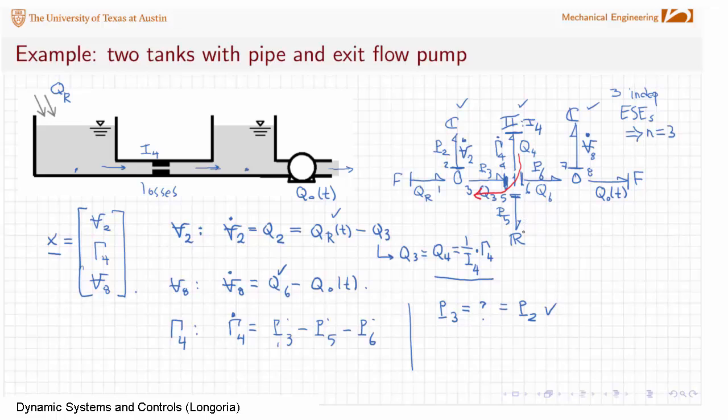P5 is, use the resistance. We don't know that one. So I'm going to say it's a nonlinear law, but it depends on Q5, right? And Q5 is what? Q4.